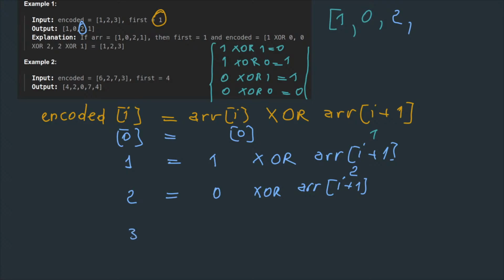So last one, which will be 3. And we have 2, the previous, XOR array I plus 1, which will be 3. 2 XOR what gives us 3? How in the world that's 1?